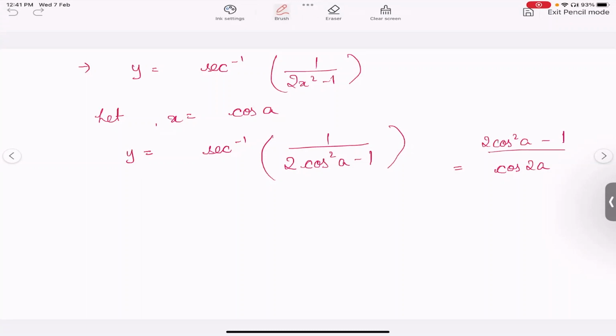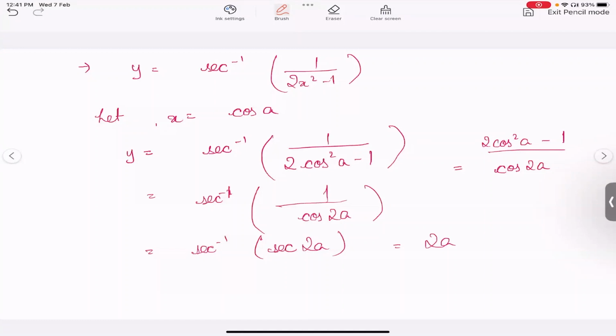We will simply substitute. This will become cos 2a, and this will again reduce to sec of 2a, and now these are inverse functions, so this will become 2a.